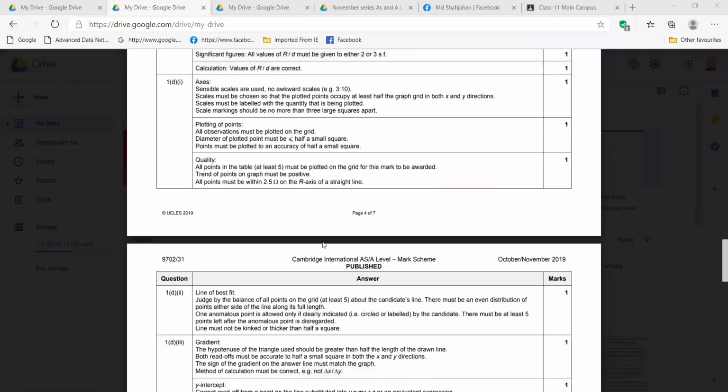Continue the class. Here we have the other part. Can you continue 1D1 plotting of points?